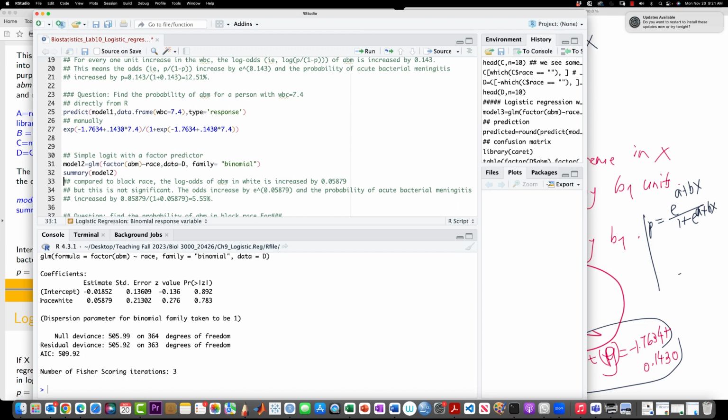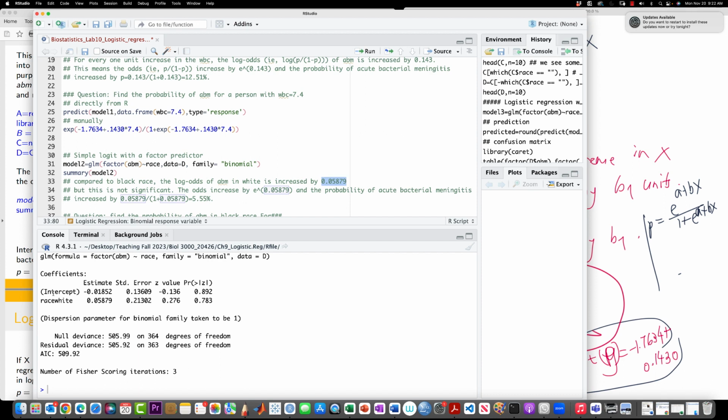See that? Race white, because the race has black and white, so one of the levels is missing, that is the black level. So how do you interpret the result? Compared to the black race, the log odds of ABM in white is higher by 0.58.